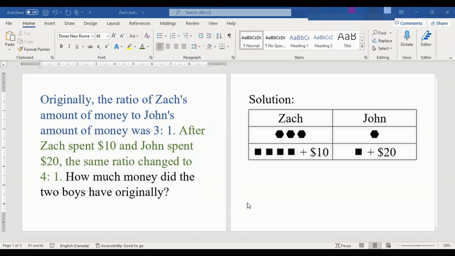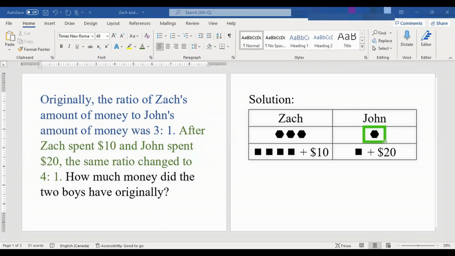Okay, so the blue sentence said that originally the ratio of Zach's amount of money to John's amount of money was 3 to 1. Meaning Zach has 3 times as much money as John originally. And since both of these representations, the one with the 4 squares plus $10 and the one with the 3 hexagons, represent the same amount of money, John's 2 representations should also be equal.